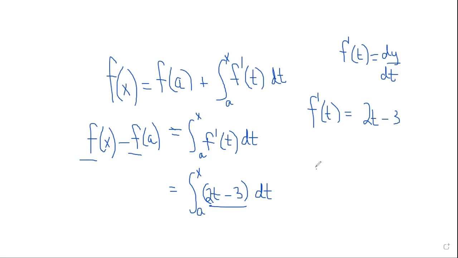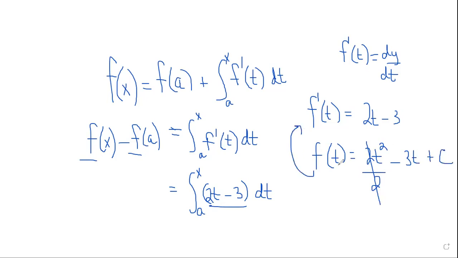So f of t has to be 2t squared over 2. Remember, we're doing the antiderivative here. So that's t squared minus 3t plus any constant I want. If you go back to the derivative, just take the derivative of this, you see we do come back to 2t minus 3.